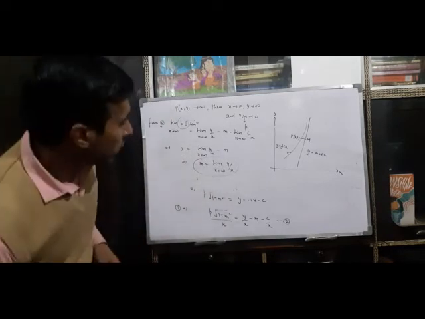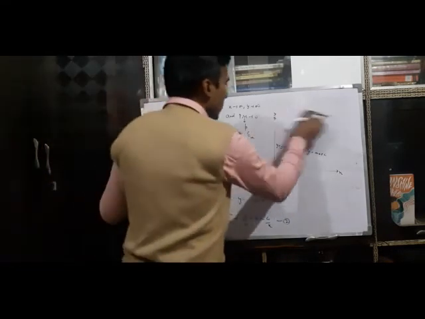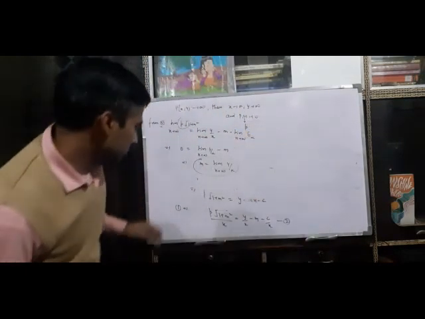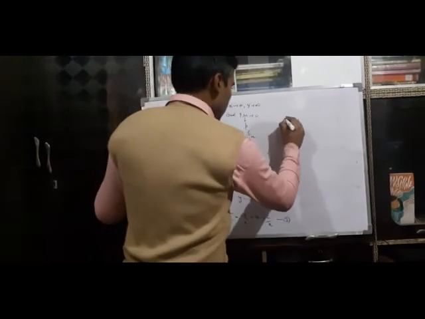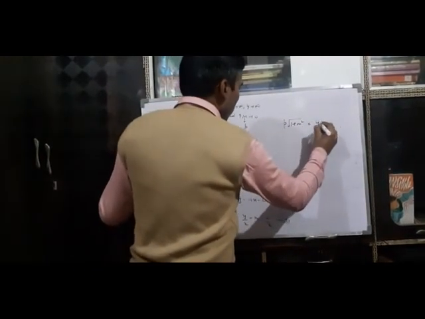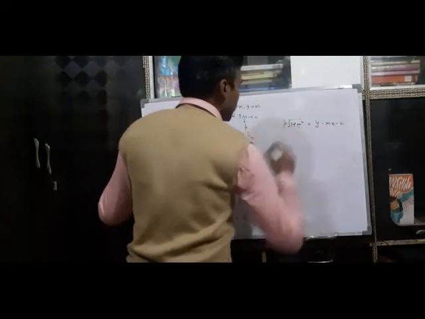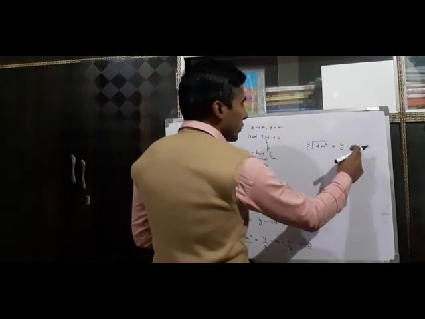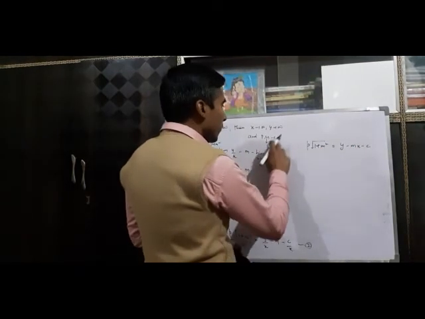Now we have to determine the value of c. As we have already said that the equation p root 1 plus m square is y minus mx minus c. If we take x tends to infinity here, then p will go to 0.